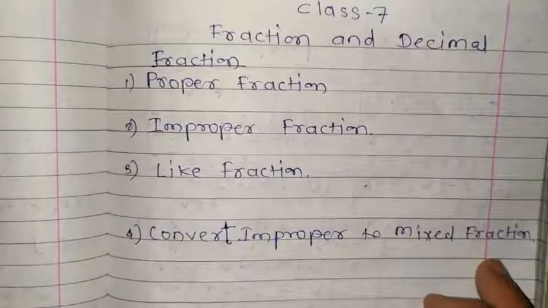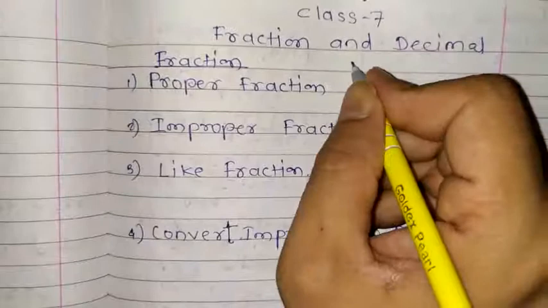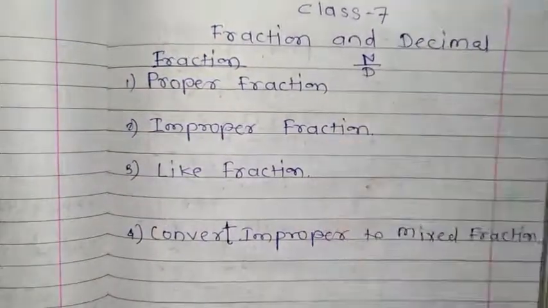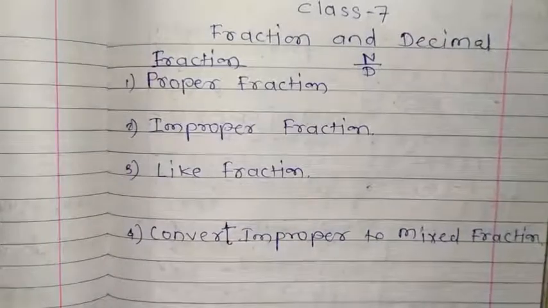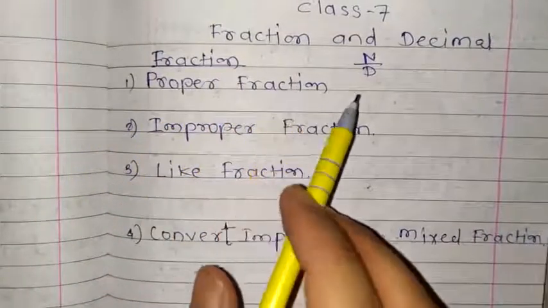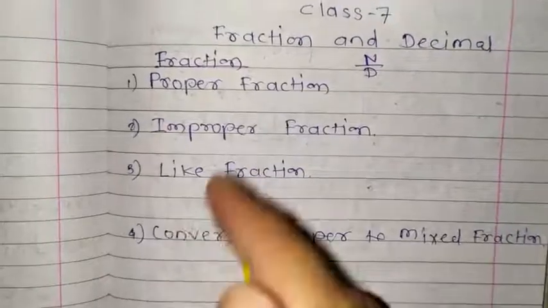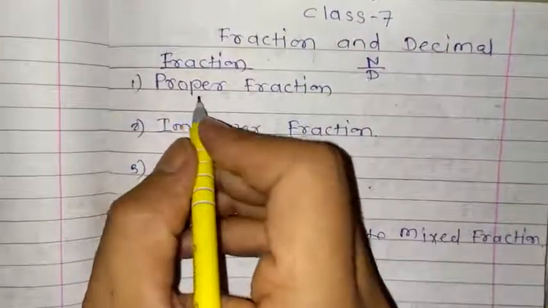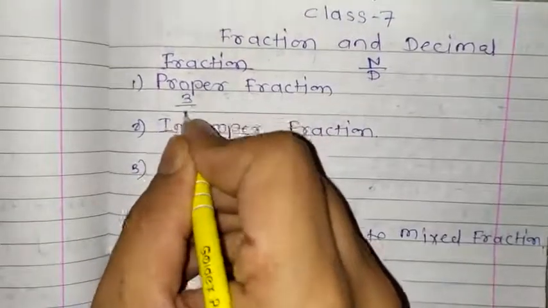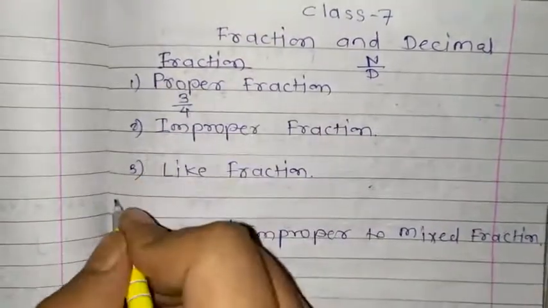So a fraction is a number which is in the form of numerator and denominator. Got that? That is what a fraction is. There are particularly two types, proper and improper fraction. Let's see an example of a proper fraction: 3 divided by 4, that is one number.